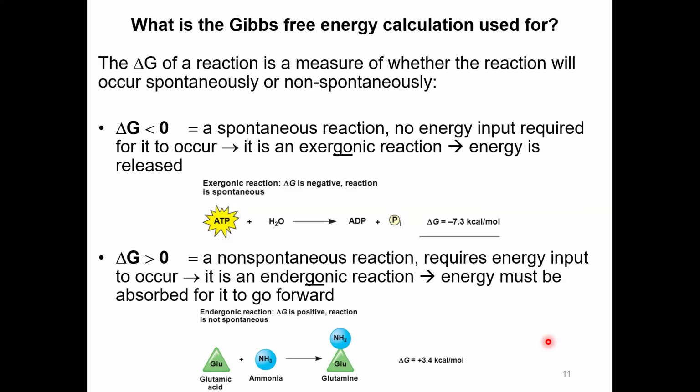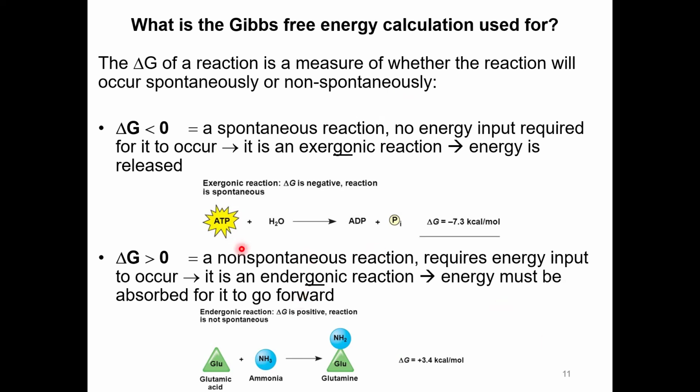Now, if we have a delta G value that is greater than 0, which is positive, and the reaction does not occur on its own, this is called an endergonic reaction. Energy must be absorbed for it to go forward.